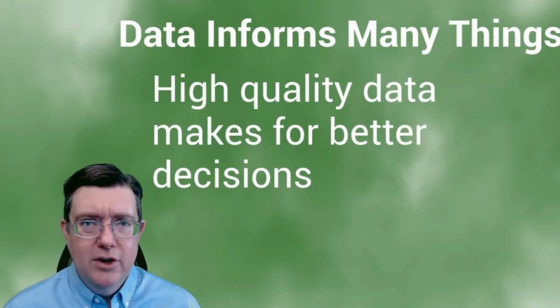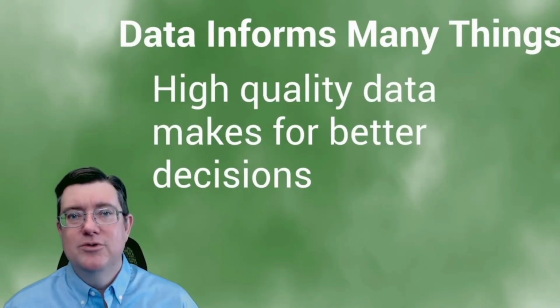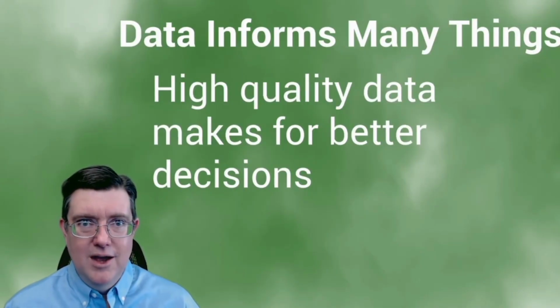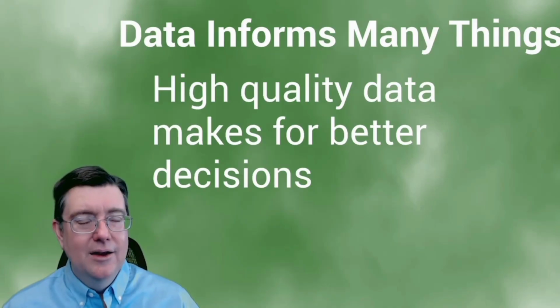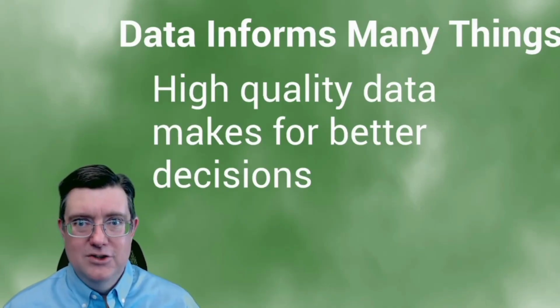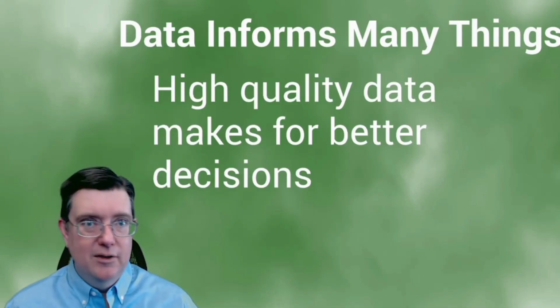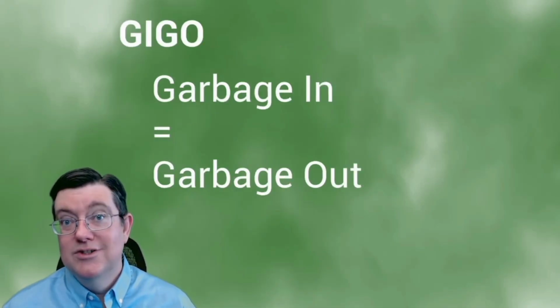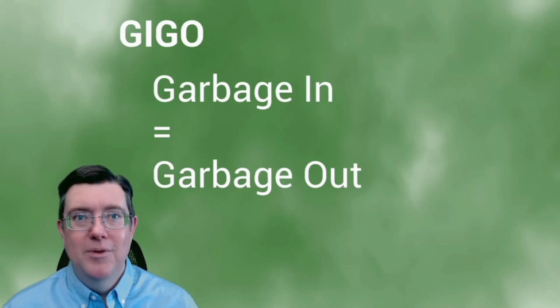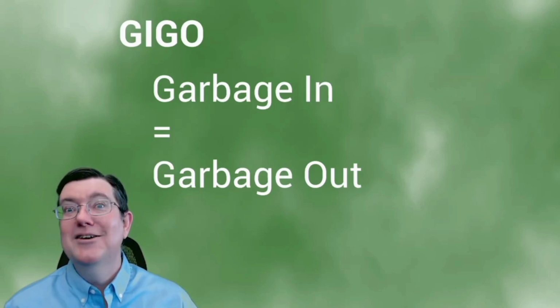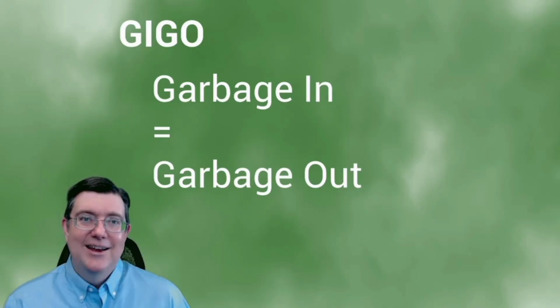This is a huge deal because data informs an enormous number of things, and high quality data makes for a lot better decisions. It's really important for us to remember that as we talk about data-informed policy and data-informed decisions, it's a huge problem if we get garbage in, because we're going to get garbage out.